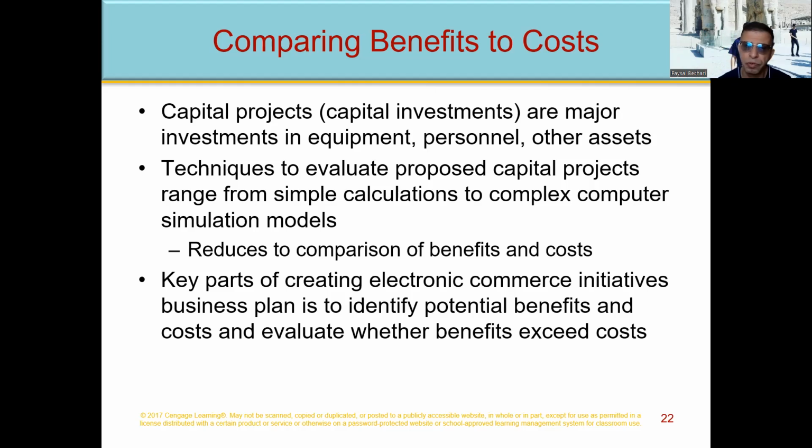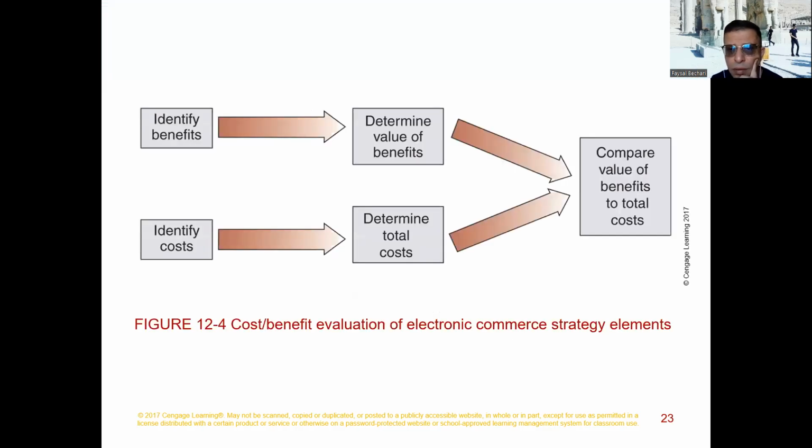The key part of creating electronic commerce, anyway, in the initiative business plan, is to identify the potential benefit and cost and evaluate whether benefit exceeds cost. So you need to build your own case and make sure that they can understand how much profit or benefit versus the cost they have to put in.